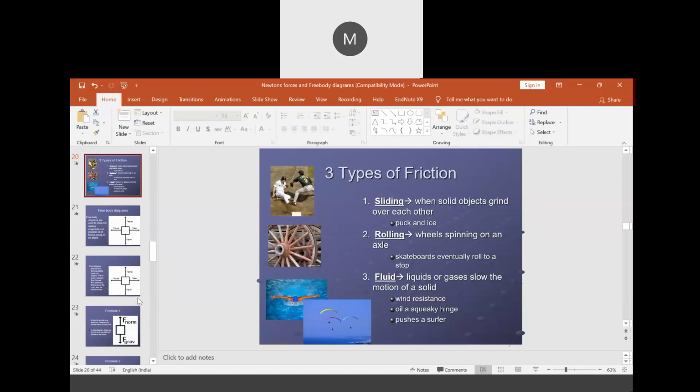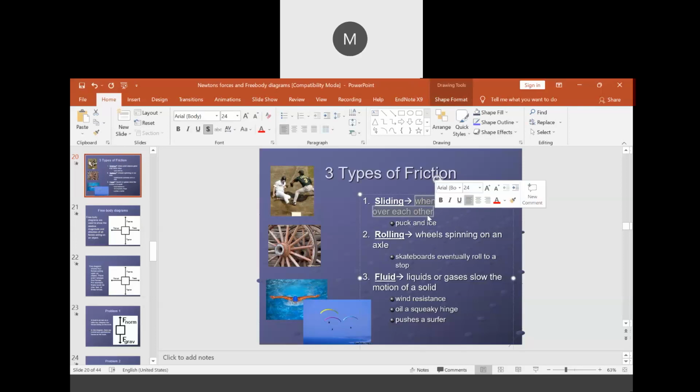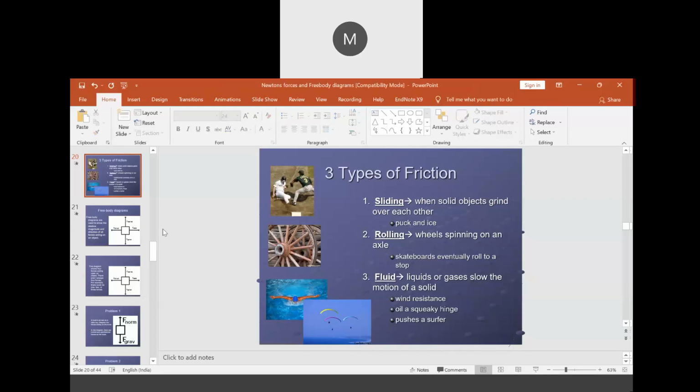Sliding friction is when a solid object slides over another, then it is sliding friction. Then rolling friction comes while rolling or spinning of an axle, like for a car or vehicle. And fluid friction is the friction that arises in a liquid. Now, this is a different type. We'll discuss it in more elaborate detail.